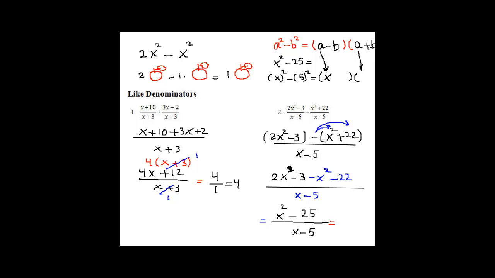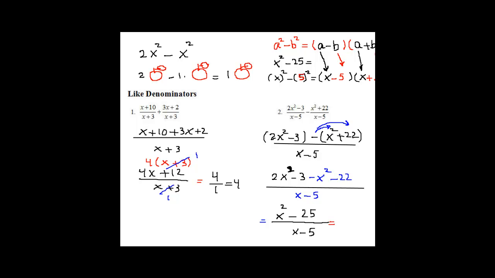Exactly. Your first term, your a, is x, so that's where the x goes. And your second term, b, is 5. That's your b, so that's where the b goes, right there. So it would be x minus 5, x plus 5, absolutely.